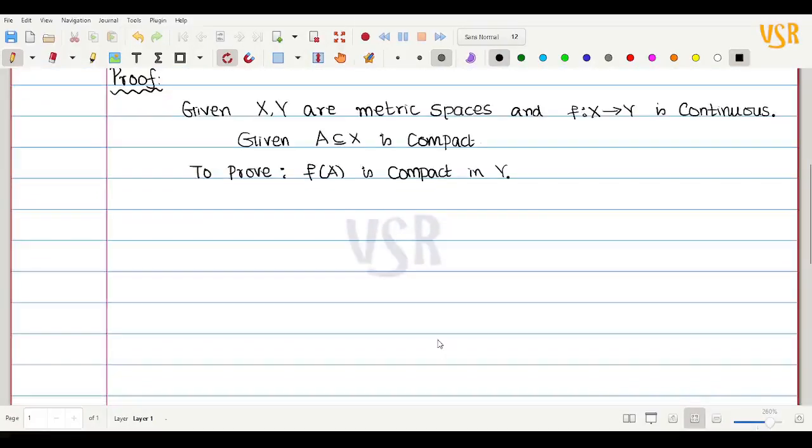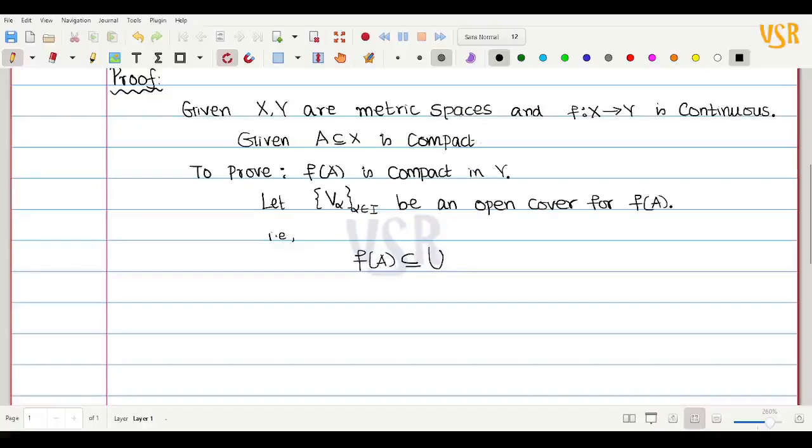To show compactness, first we have to take an open cover. Let me call it V alpha, where alpha belongs to some index set I, an open cover of f of A. That is, f of capital A is a subset of the union of all V alphas, and the V alphas are all open.